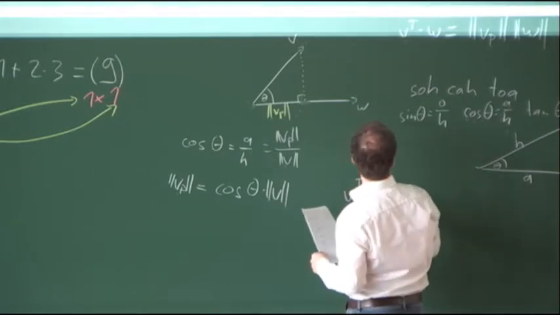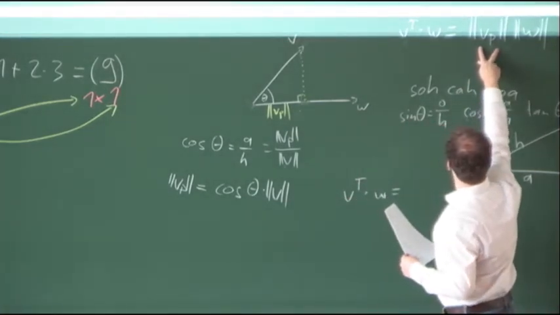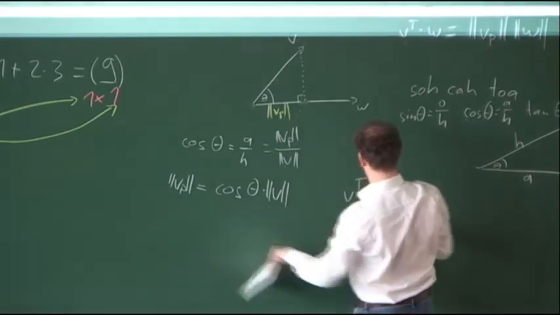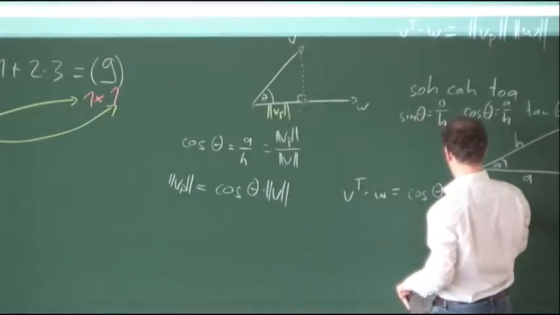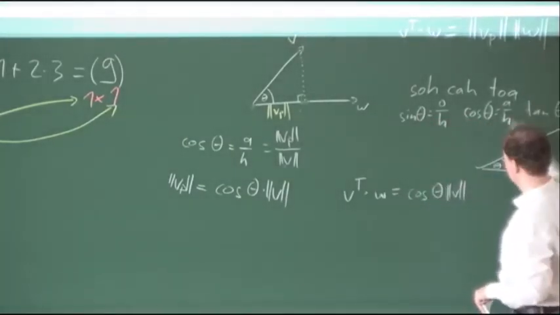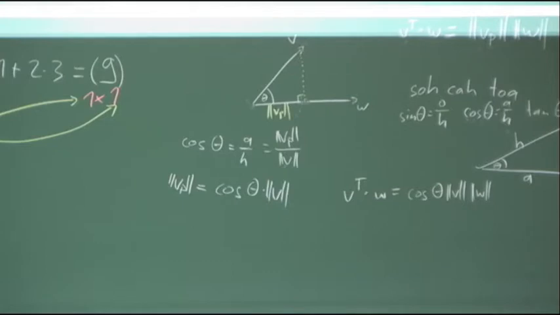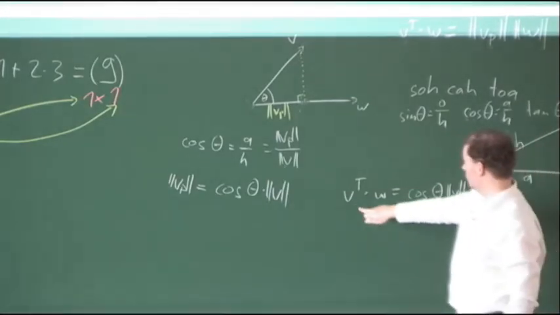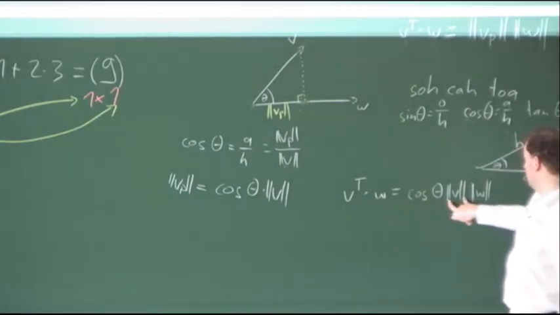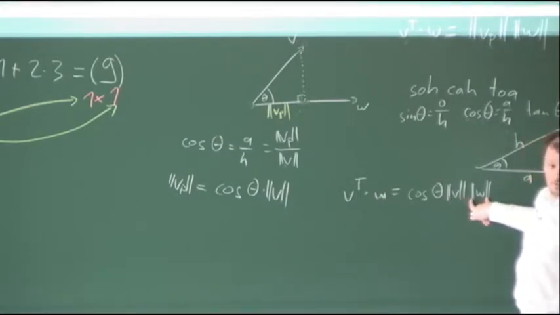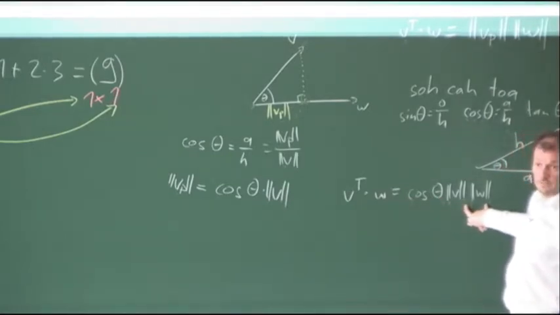V transpose dot W will be the length of the projection, which is the cosine of the angle times the length of V times the length of W. So the dot product between two vectors, V and W, depends on the cosine of the angle between them and the length of the vector V and the length of the vector W. It's a combination of measuring the angle between the vectors and the length of the individual vectors.